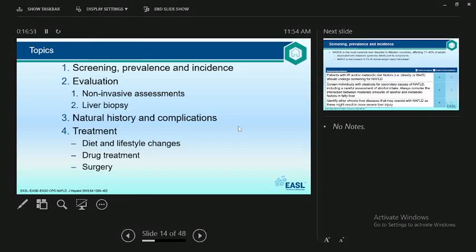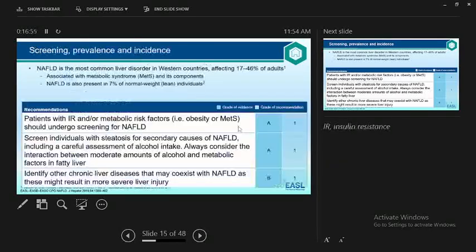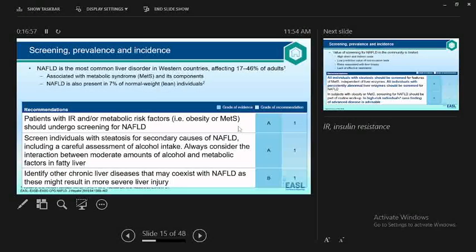So let's discuss something about guidelines. Guidelines mainly focus on screening, evaluation, natural history, and treatment. About screening, it is not recommended to arrange any community screening for NAFLD, because one thing is the cost effectiveness.